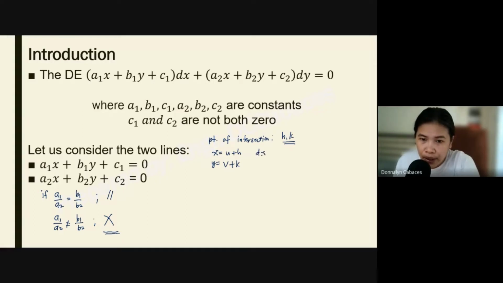And therefore, your dx is equal to du and your dy is equal to dv. Then after having this, try to substitute it to the given differential equation, try to simplify, and then determine what will be the resulting equation. It can be homogeneous, it can be linear, it can be exact, or anything, depending on the given differential equation.